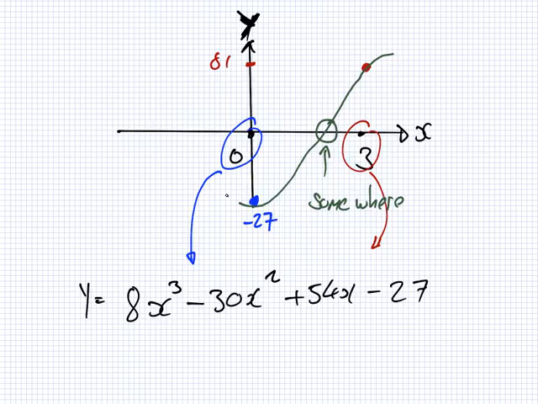If one value of y is negative and one value of y is positive, then it must have crossed the axis in between.